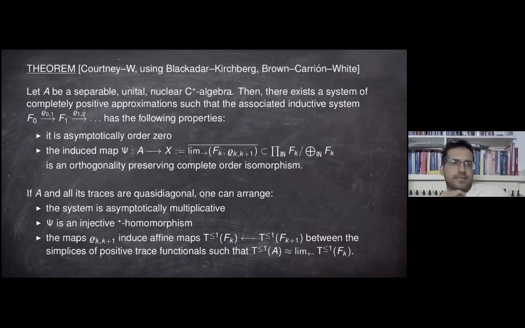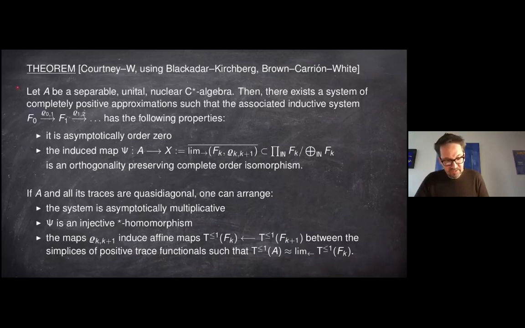Okay, but for example, if you take A to be C of X, there exist associated inductive limits. So I'm wondering what kind of information can be encoded by these maps, by that associated inductive system. For this statement here, we use these Brown, Carrion, White approximations, and these are convex combinations of order zero maps.